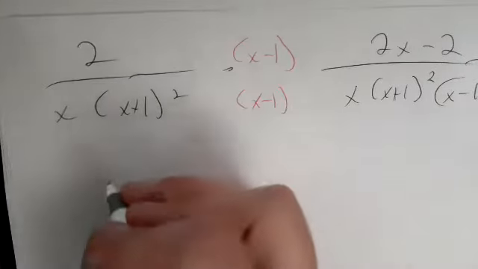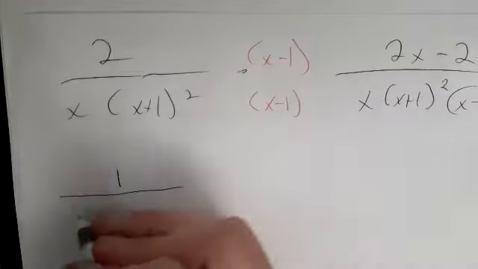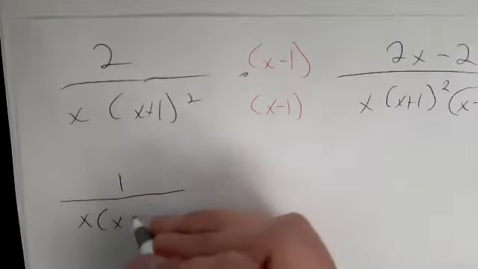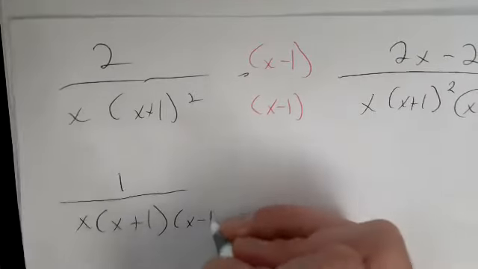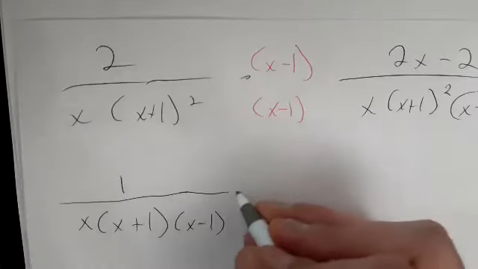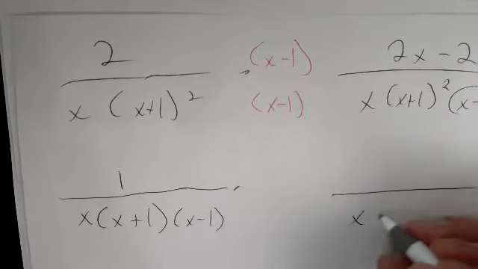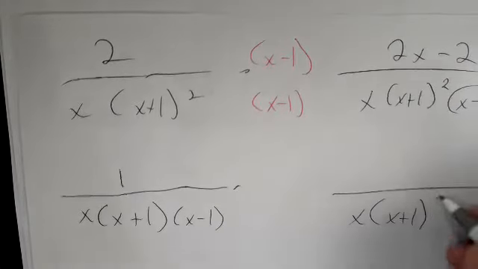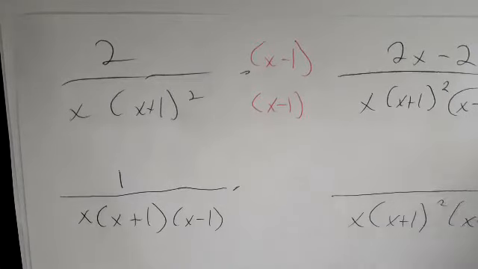The other one looks like 1 over x times x plus 1, x minus 1. I got to multiply this by something, and the thing that I want on the bottom is x times x plus 1 squared, x minus 1.